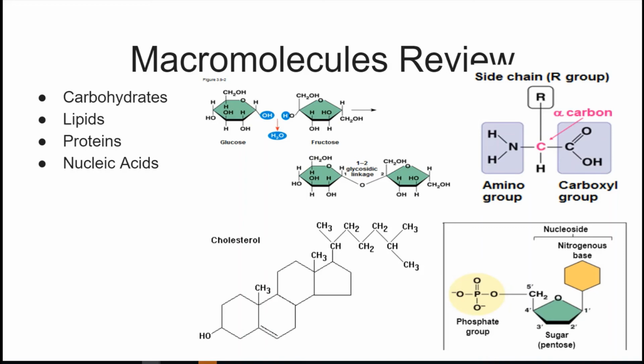But there's a nitrogen in that base. So our nitrogenous bases are adenine, thymine, guanine, and cytosine, but they all have nitrogen. And then the main thing that you need to know too is that that phosphate group, see that phosphorus right there? Nucleotides are always going to have phosphorus. So DNA and RNA will have that as well.